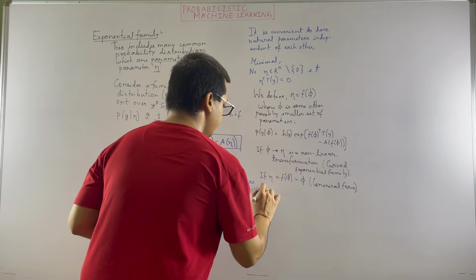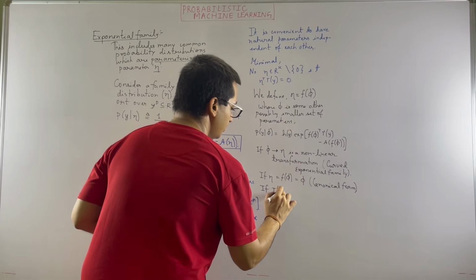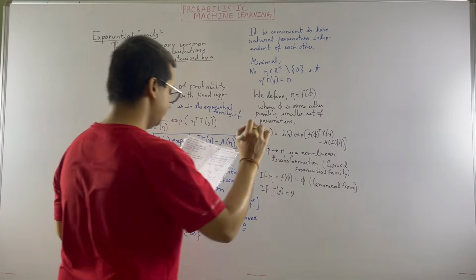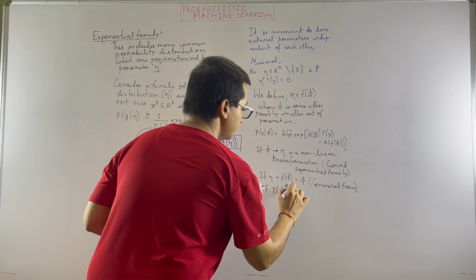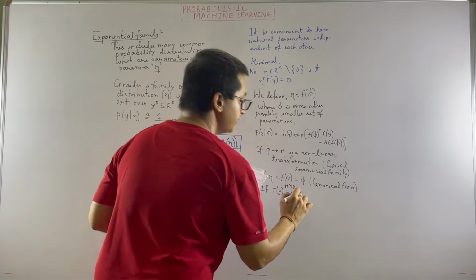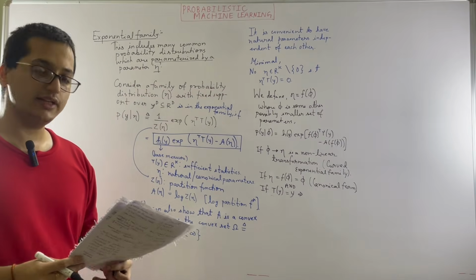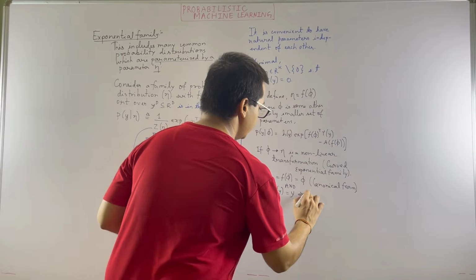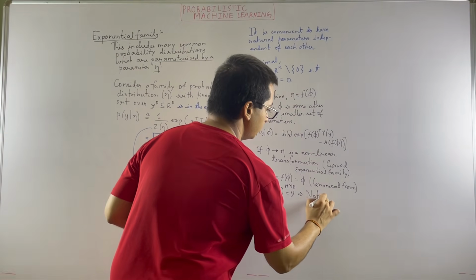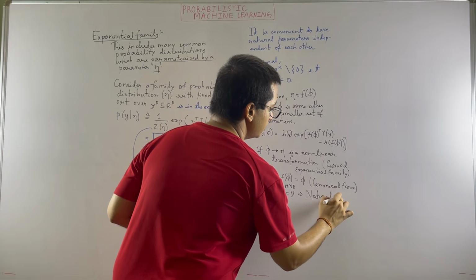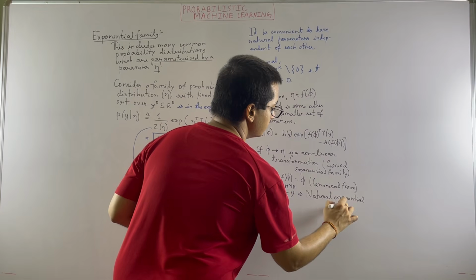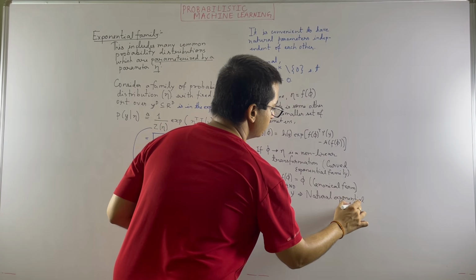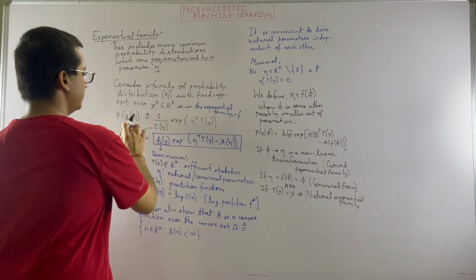And if T of y is equal to y, then it becomes a natural exponential family. So what does this equation become?